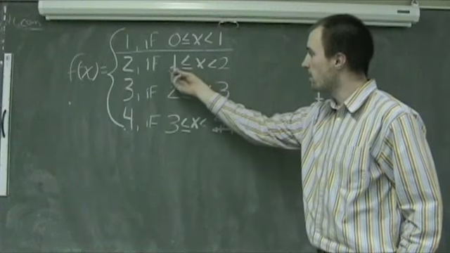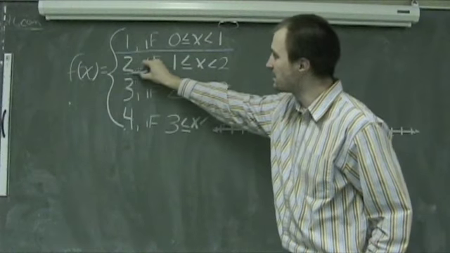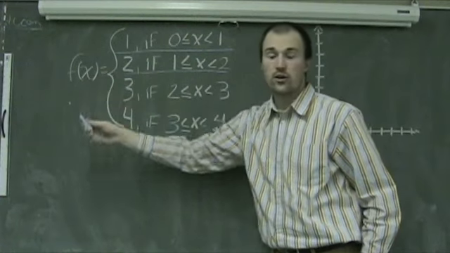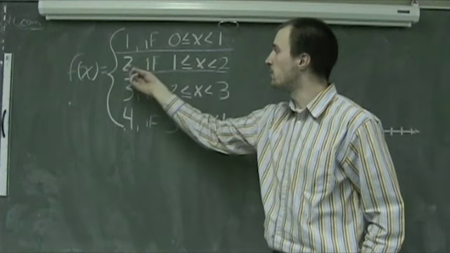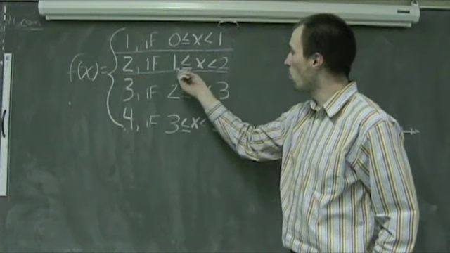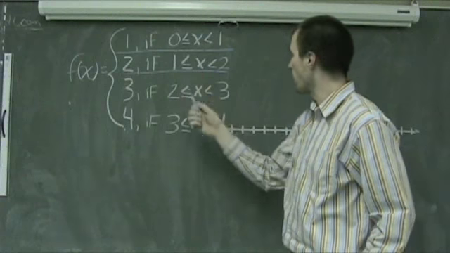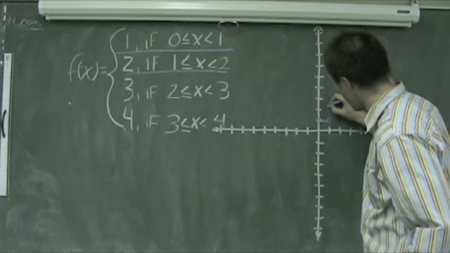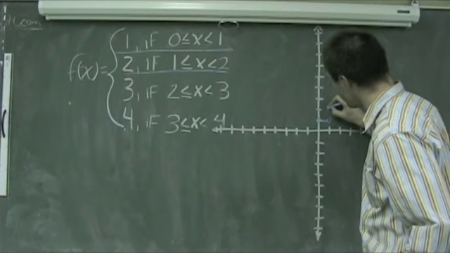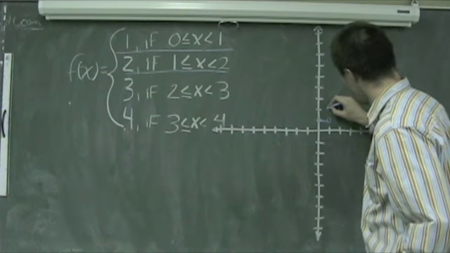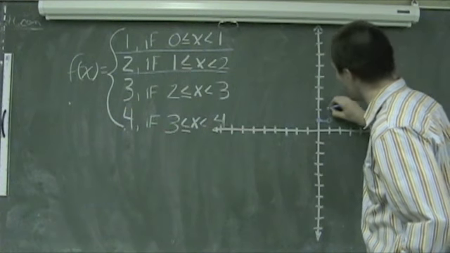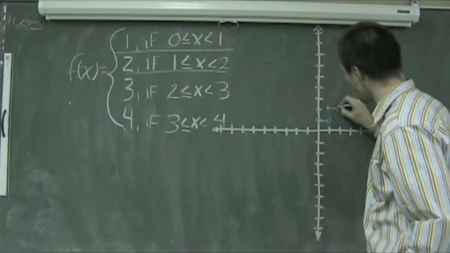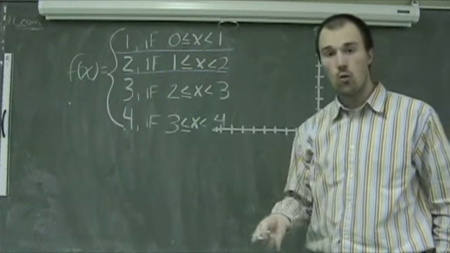At 1, we now join the second step, which is that our f of x value, or our y value, will be 2 between 1 and 2, starting at 1. So where x equals 1, we now have a closed circle, and it will be this value 2 all the way until we find our x value of 2, where we have an open circle.